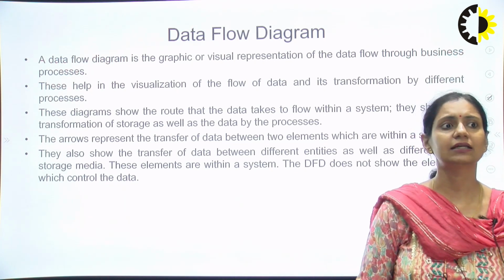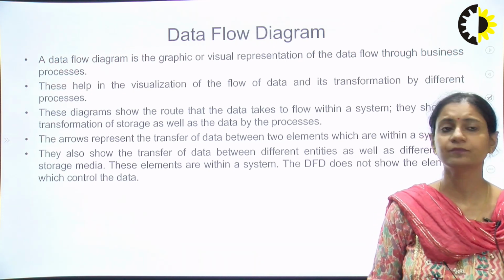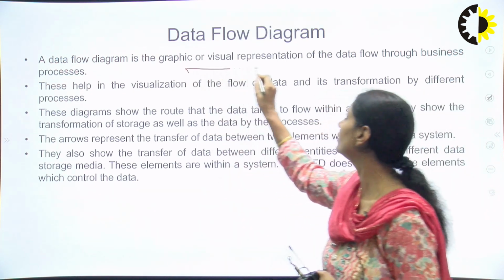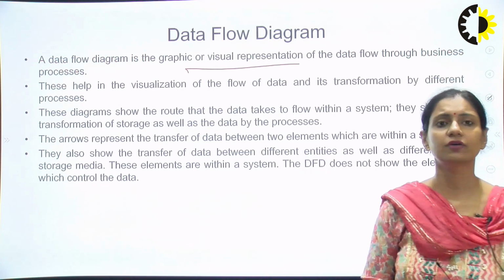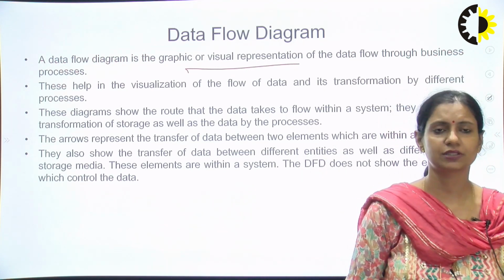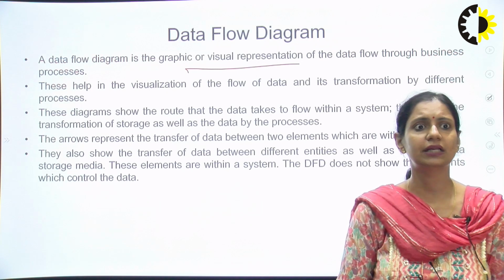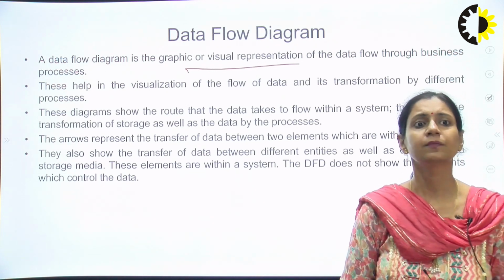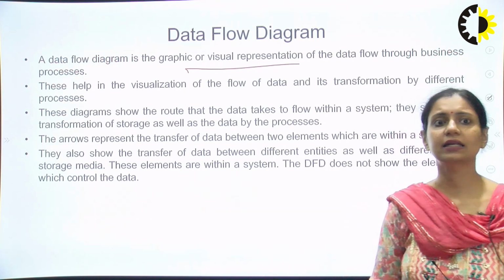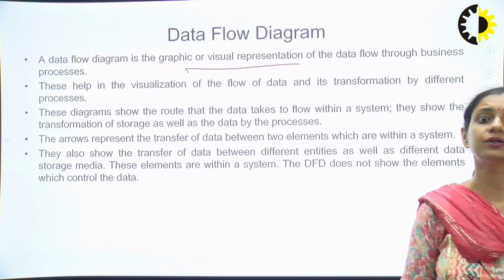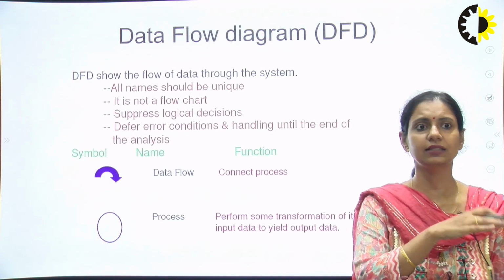Before that, let's understand what a data flow diagram is. The data flow diagram is a graphic or visual representation of the flow of data through different business processes. The DFD does not show the elements which control the data, as was there in the use case.